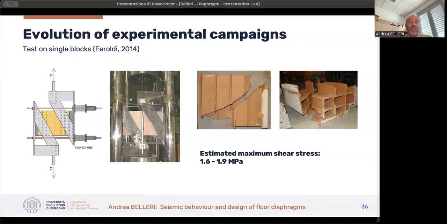It started back in 2014, by testing the single clay block units in shear, and finding an estimated shear stress capacity of about 1.6 to 1.9 megapascal.